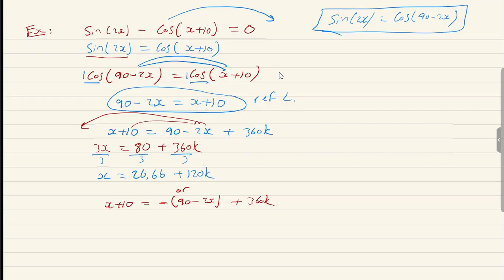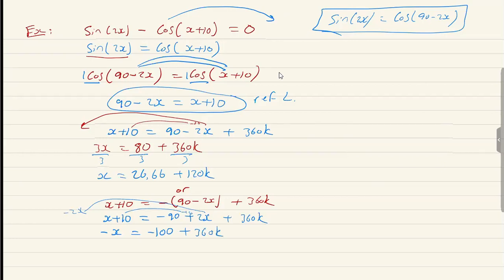Look, in the second one, x plus 10 is equal to negative 90 plus 2x plus 360k. Can you see? So take 2x to the other side: minus 2x, minus 10, minus 2x plus x, negative x is equal to minus 100 plus 360k.